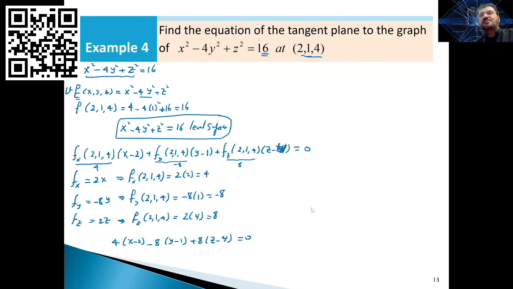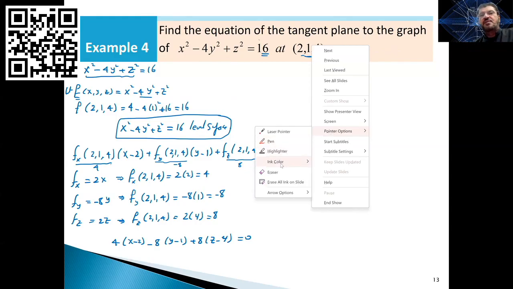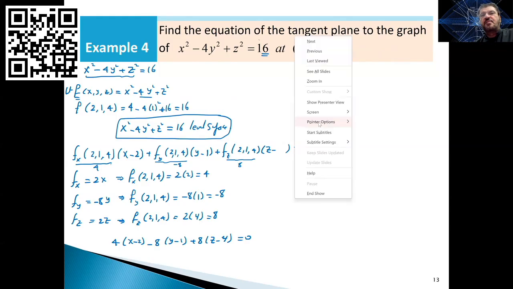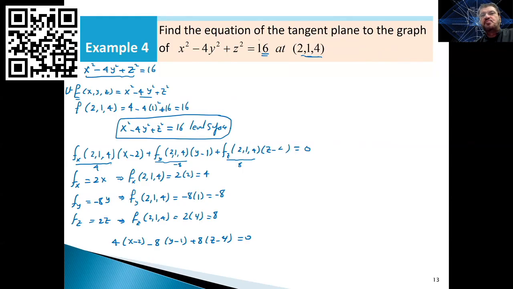is equal to 0. So let's remove that 4 here. Simplify this. So we have 4x minus 8 minus 8y plus 8 plus 8z minus 32 is equal to 0. So what do we have here, guys?